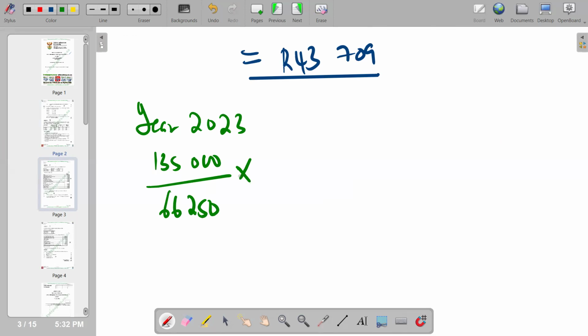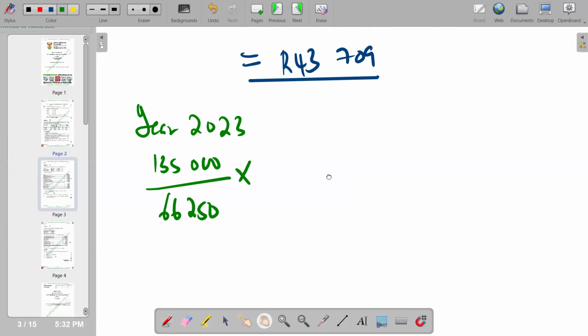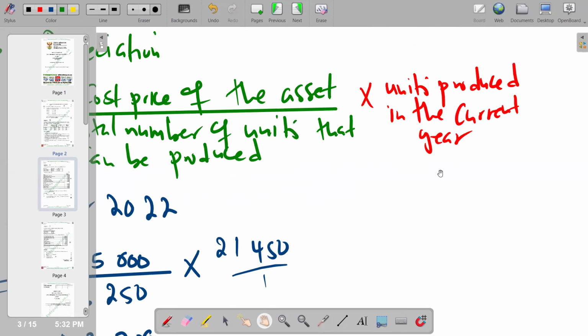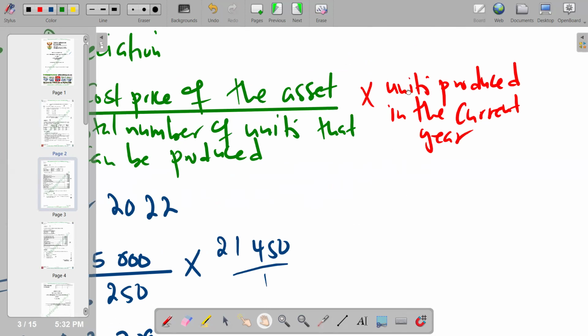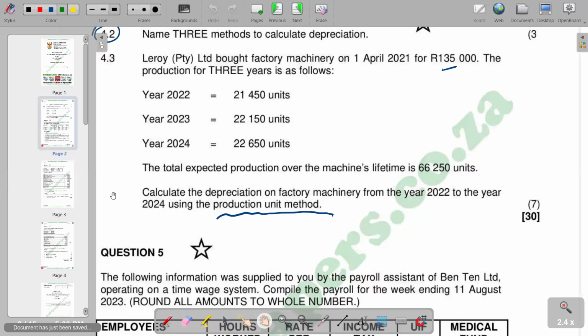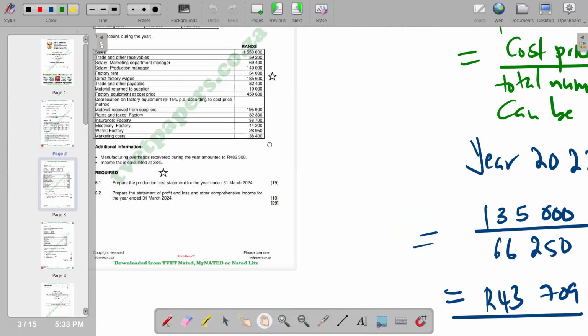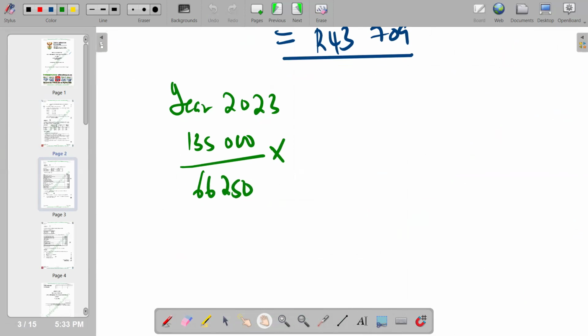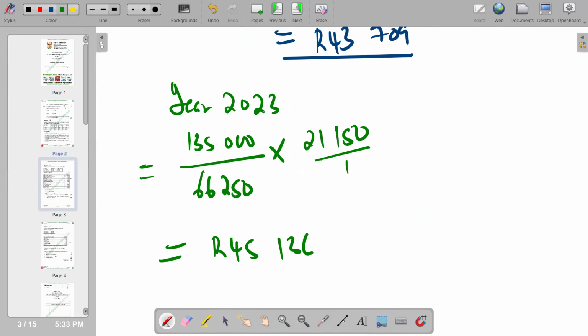We multiply by the units produced in the current year. For 2023, we have 21,150. So we multiply by 21,150. We calculate it and we get 45,136 rands. So this becomes your depreciation for year 2023.